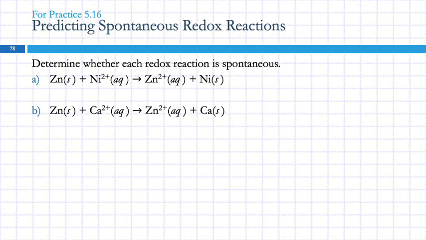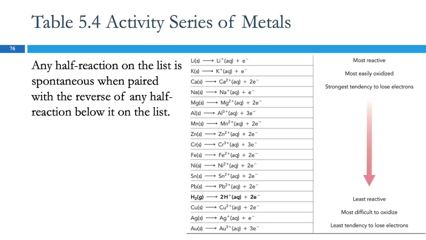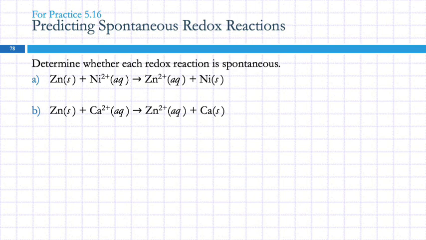So we go to the list and we look. There's zinc and there's nickel. Yes, zinc ranks above nickel, and so that one will be spontaneous. So this one, yes, spontaneous.